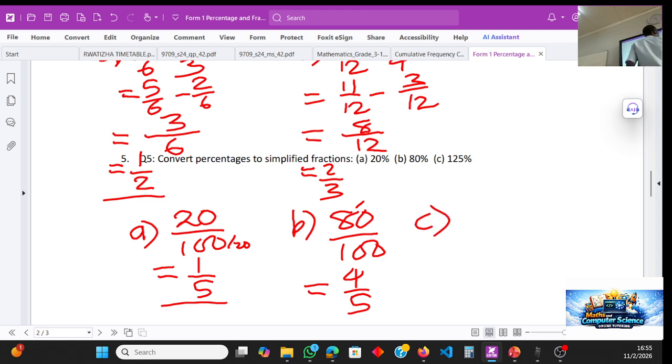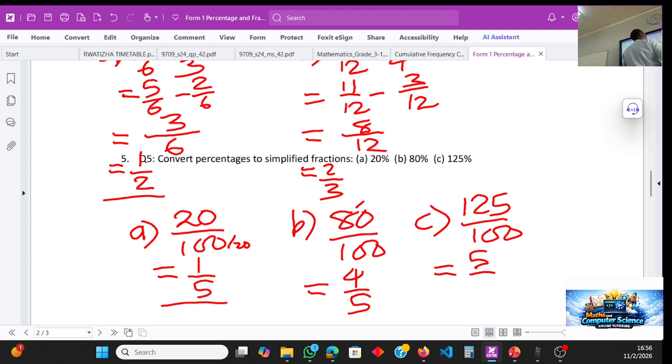Then the last one, C, I have 125%. Percent, we said it means out of 100. Now, this time around, if I look at 125 and 100, they're no longer multiples of 20. Rather, they are multiples of 25, implying that our HCF has changed from 20 to 25. Hence, if I divide my numerator there, 125 by 25, the result is 5.